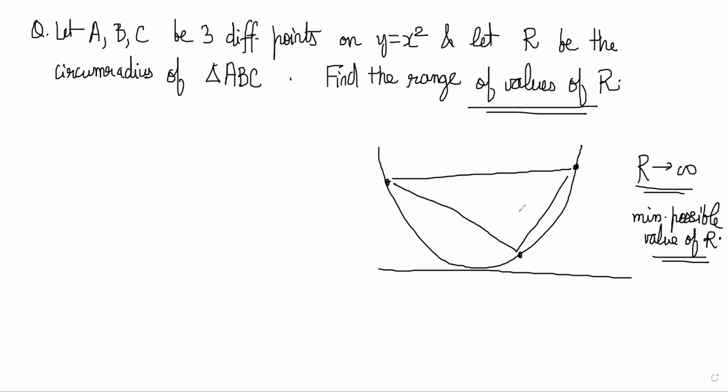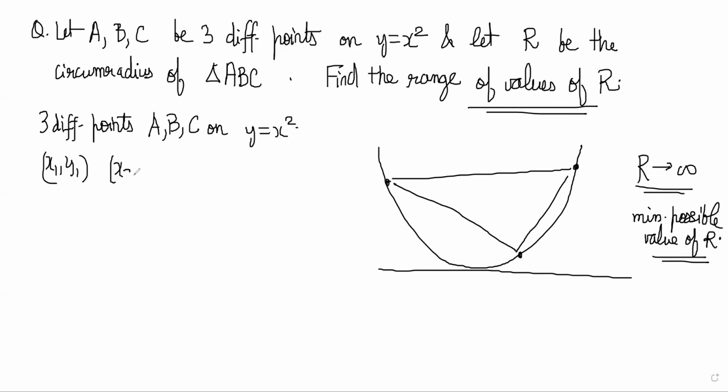So let's say we have 3 different points ABC on y is equal to x square. So the points could be like this: x1 y1, x2 y2, x3 y3, and technically y1 is x1 square, right?